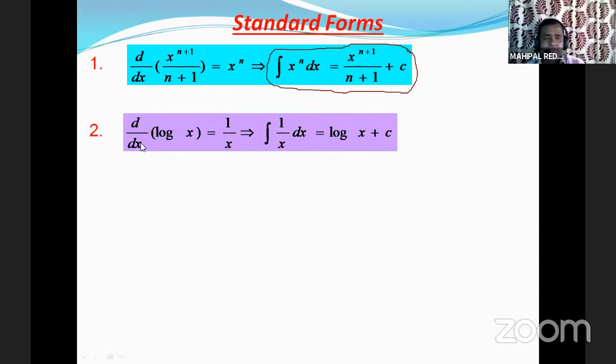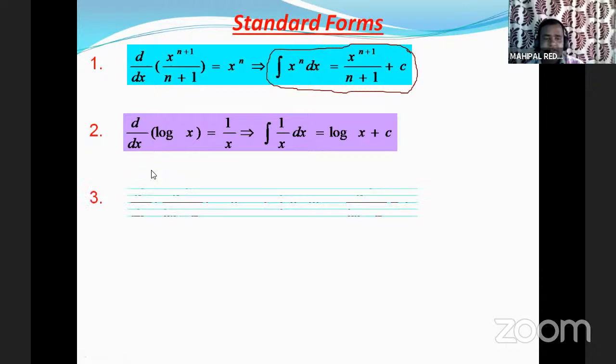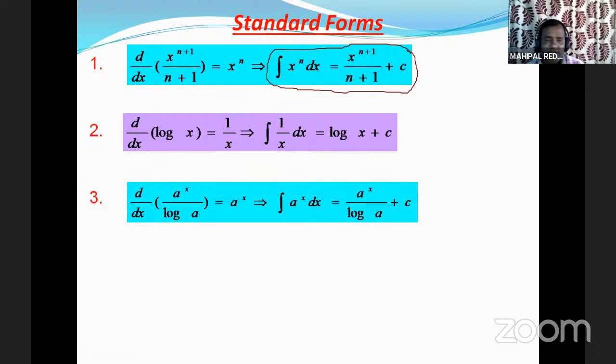Second one, the derivative of log x is 1 by x. So it implies integration of 1 by x dx equals log x plus c. And the third one is the derivative of a power x by log a.